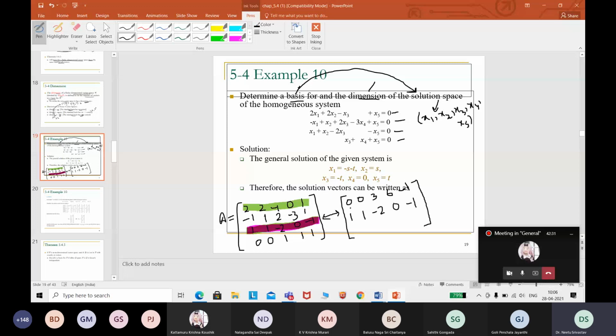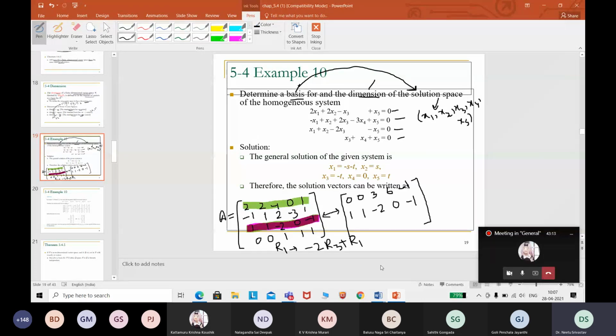No, not R3 minus R1. It is minus 2R3 plus R1. Is this right? It must be, no? Can anyone confirm quickly?